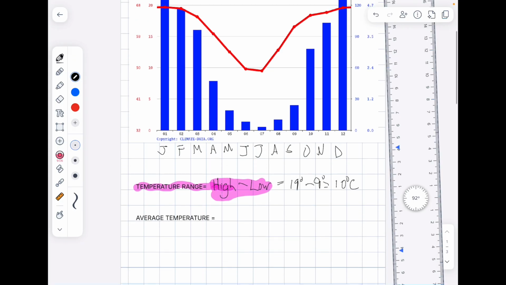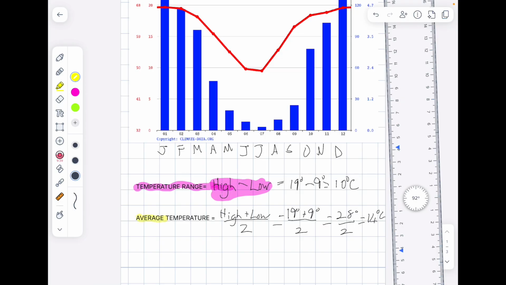So usually what we'll do there is we'll take our high plus low and divide it by 2, meaning that there it's going to be 19 degrees plus 9 degrees divided by 2, which is the same as 28 degrees divided by 2, which equals 14 degrees Celsius. And that's how we do that one.